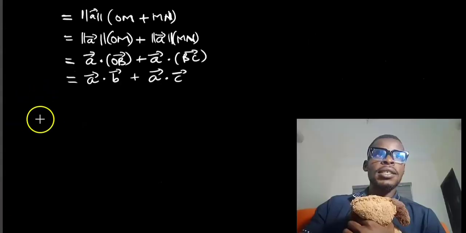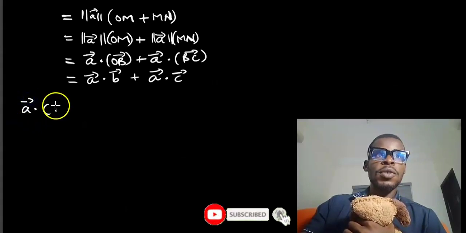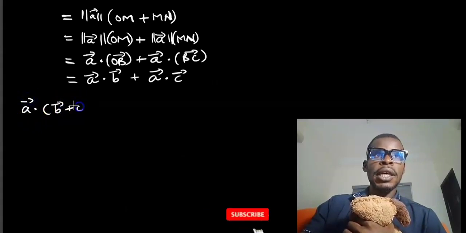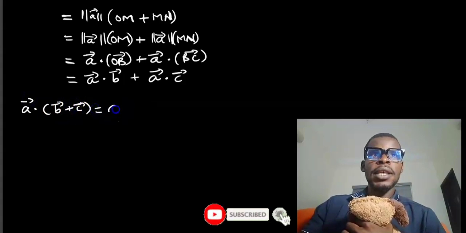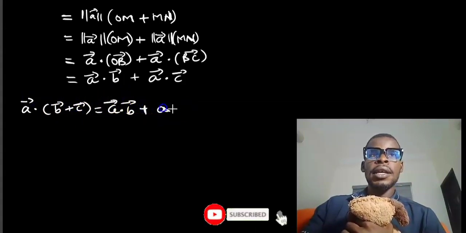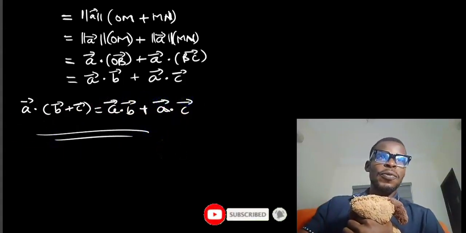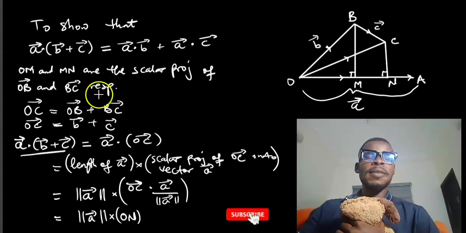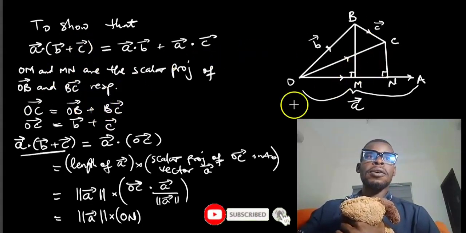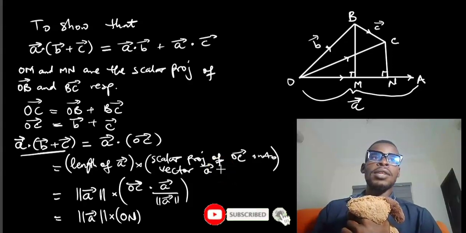So that tells us that the distributivity property works: A dot B plus C is simply A dot B plus A dot C. So that is a very, very nice result. We've been able to establish that simply by using this figure and the idea of scalar projection of a vector onto another vector.